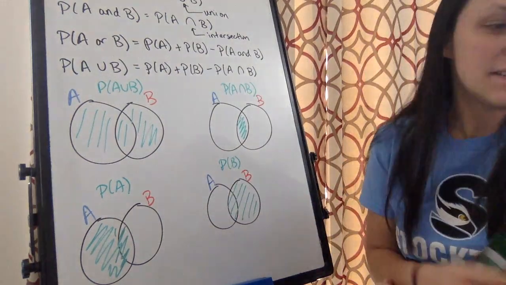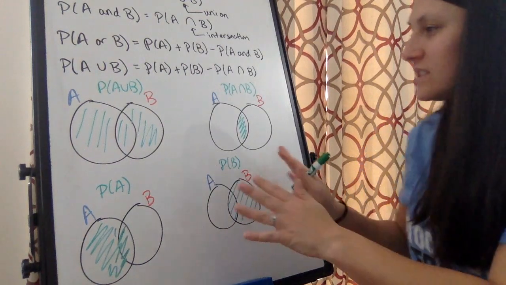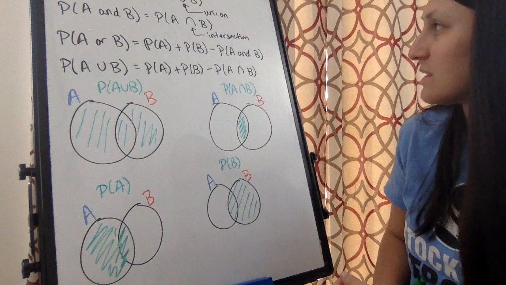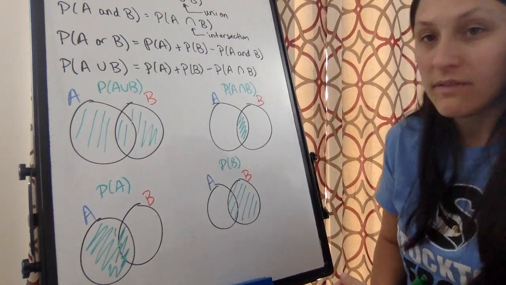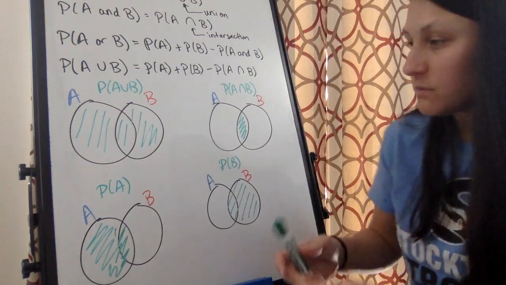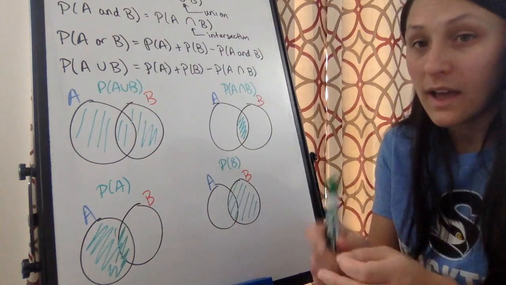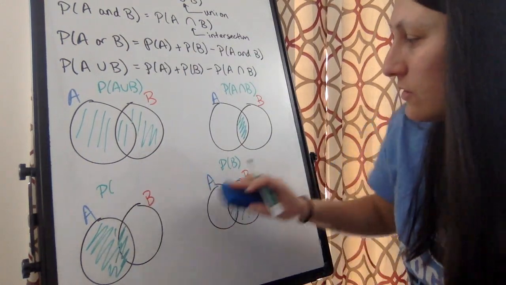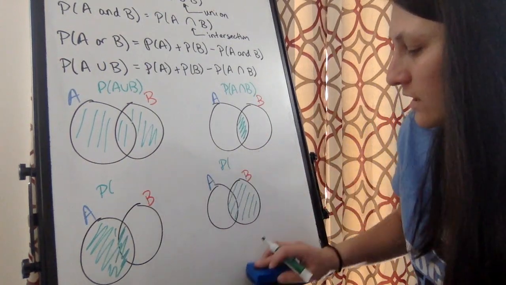Okay, so there's 2 more sets that I wanted you to see that I'm gonna just erase and put them on here somewhere so that you have them in your notes. And that would be the probability of only A, which I would have to write out. So add 2 more circles to your notes. I'm just gonna change these 2 right here.